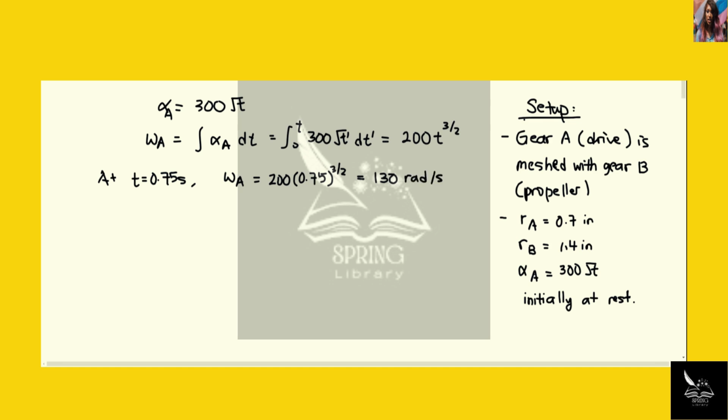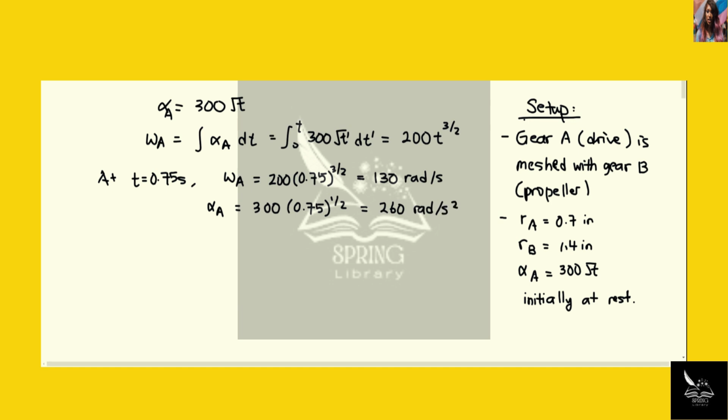And alpha A will just be 300 times 0.75 to the half, which is 260 radians per second squared.